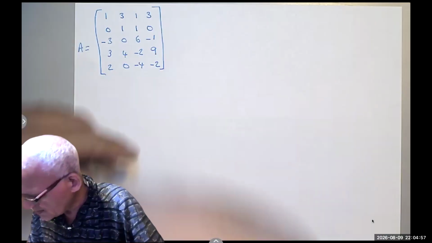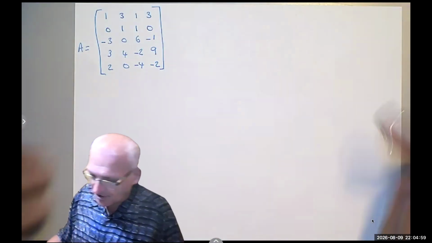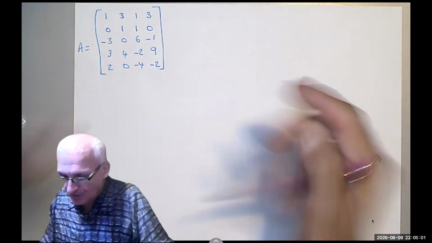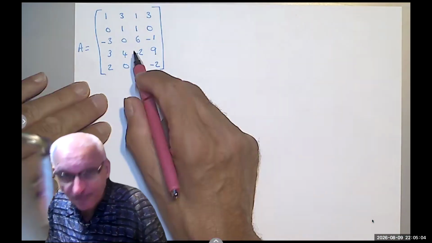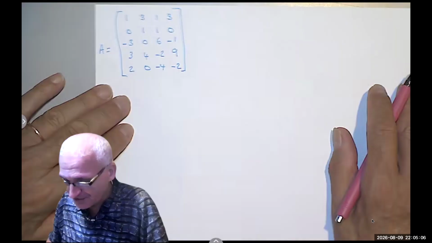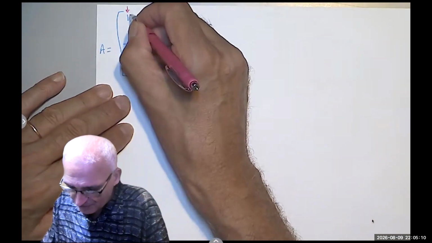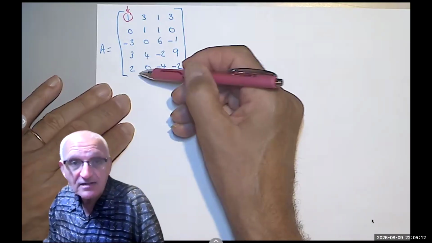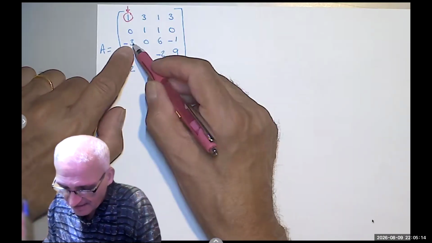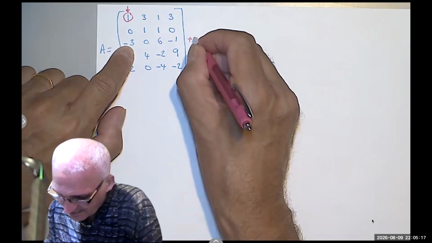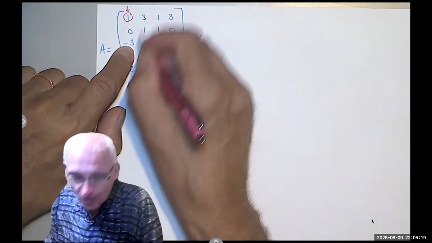To find the RREF of this matrix, I will go over the first column. There is the pivot of 1, and then I want to fill the rest as zeros. Since I have a -3 here, I'm going to add 3R1 to R3.